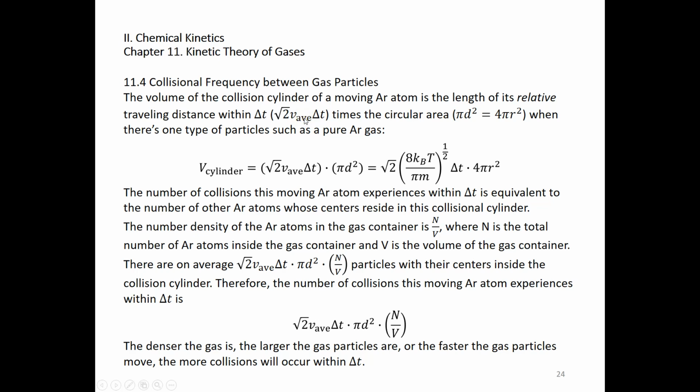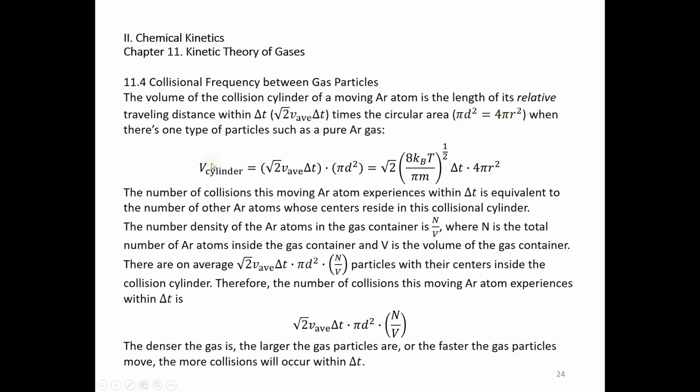And also they can move in the same direction, and they can move in orthogonal directions. So overall we have this as the average speed multiplied by delta t as the typical length of the collision cylinder. The bottom area, or the circular area, is pi d squared, and d is 2r. So we have this equation.